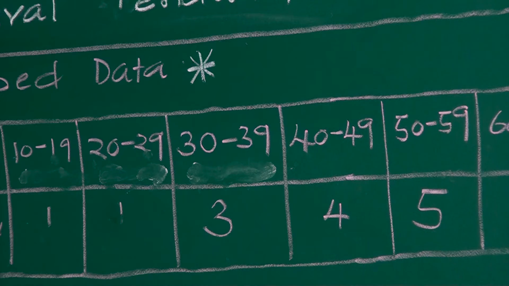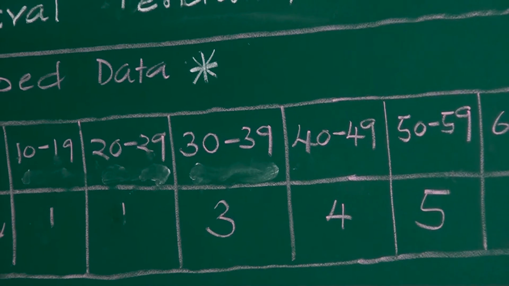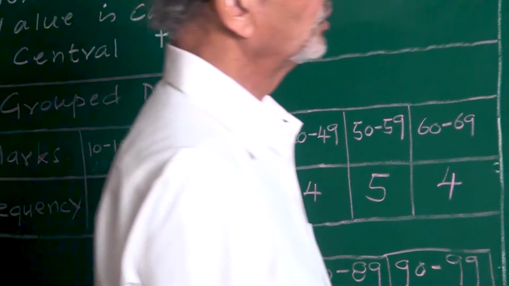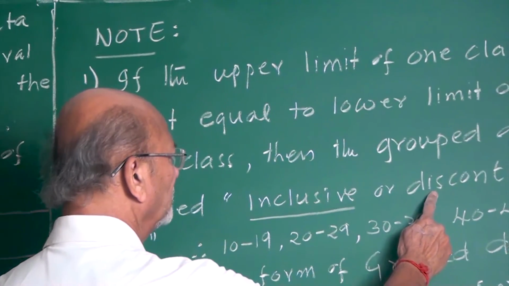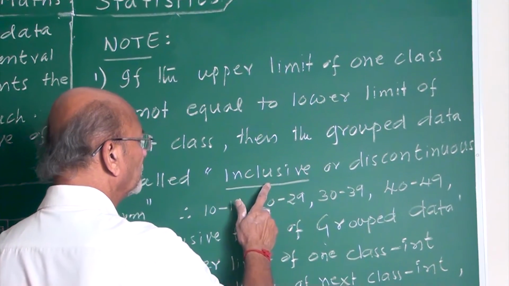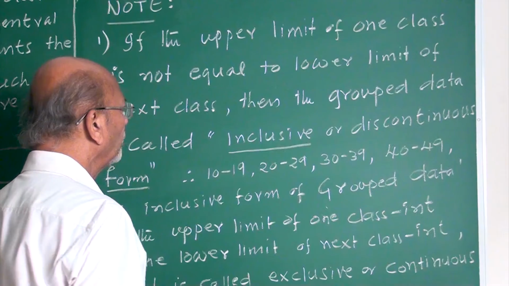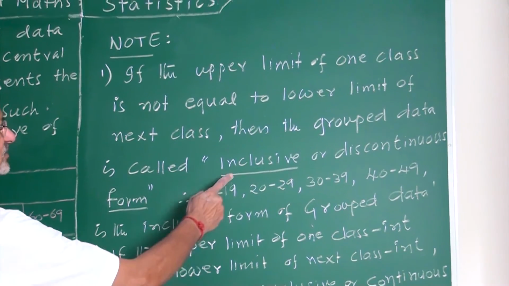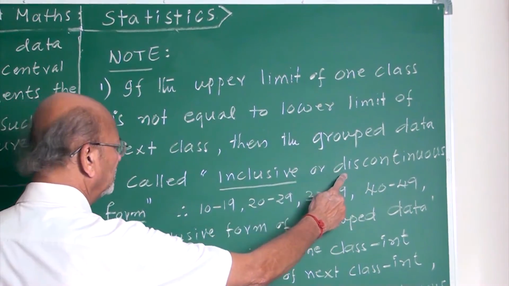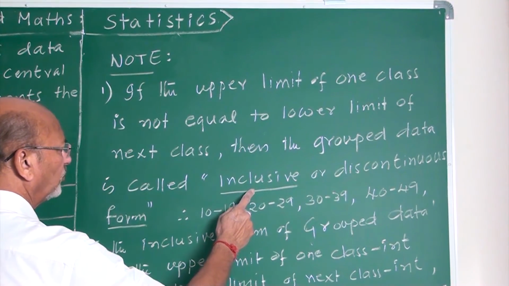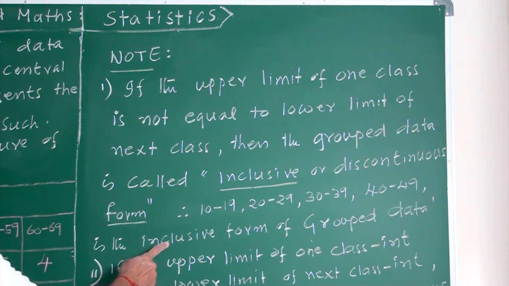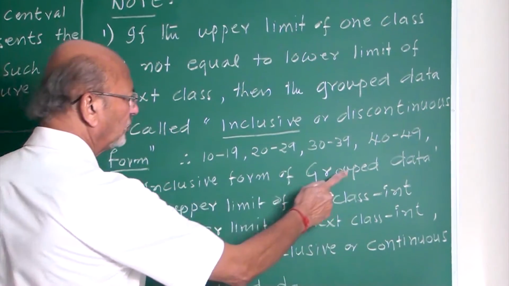Such a form of grouped data is known as discontinuous or inclusive form of grouped data.